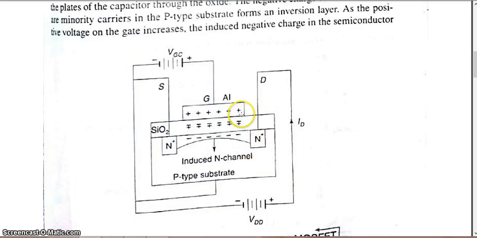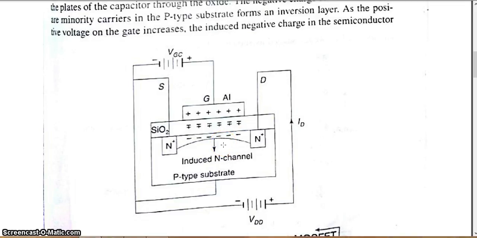And in enhancement mode type, positive voltage is given to the gate, whereas in depletion mode type, negative voltage is given to the gate. Now what happens if you give the positive voltage to the gate? It induces positive charge on the gate and it polarizes negative charge on this N-type channel or in the P-type substrate.